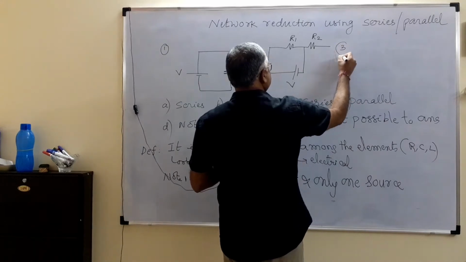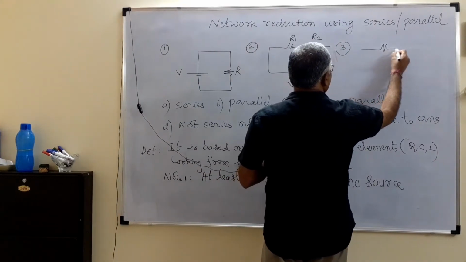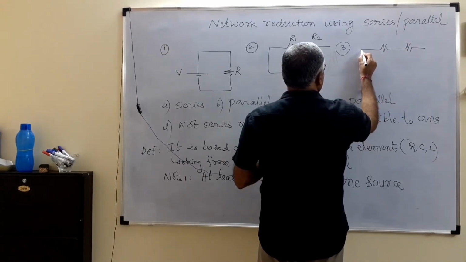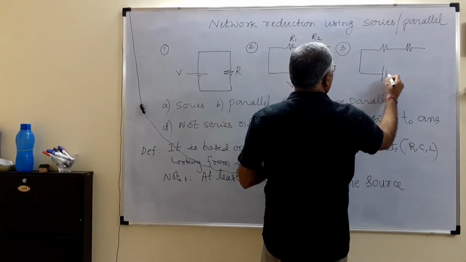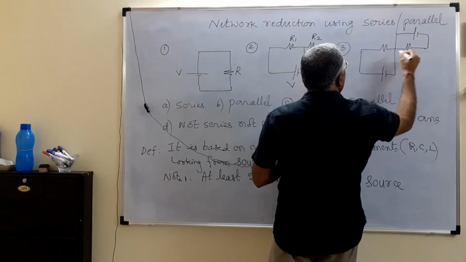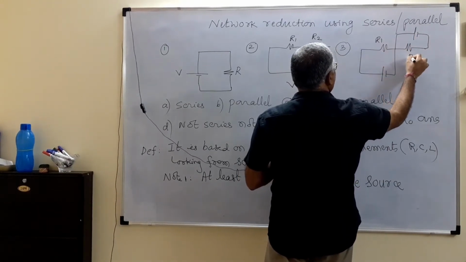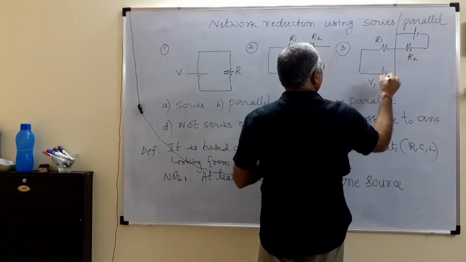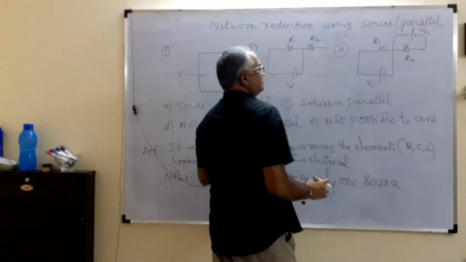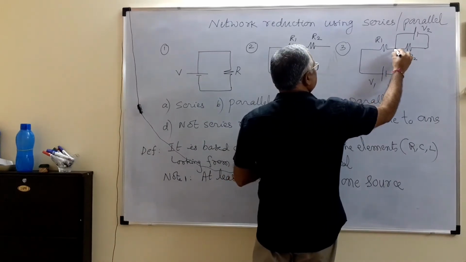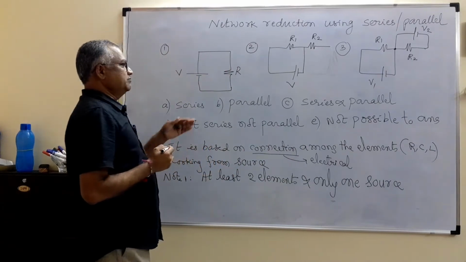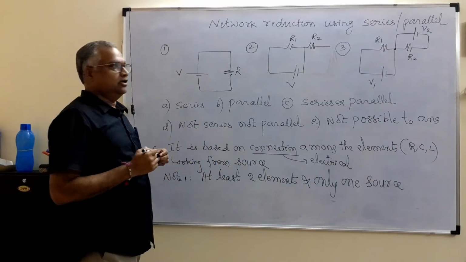If you see the third example, here we have resistors R1, R2, and sources V1, V2. Again I am asking the same question, how are they connected? Again the majority will say they are in parallel.